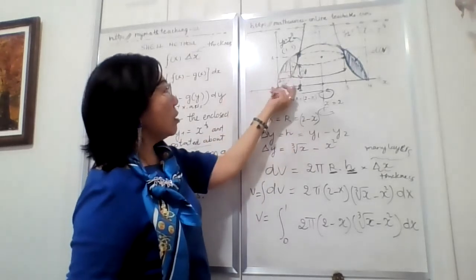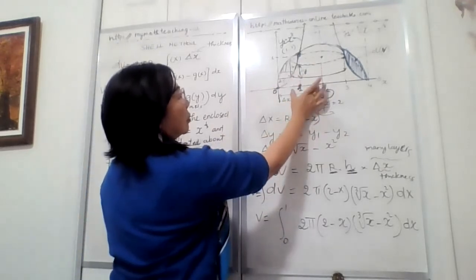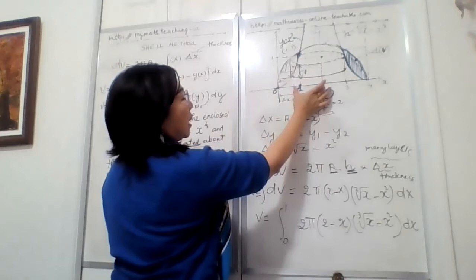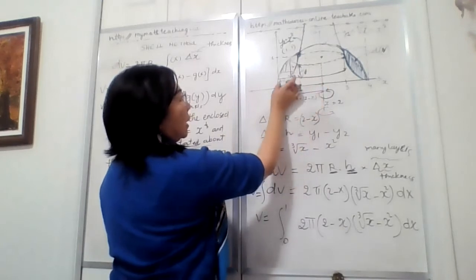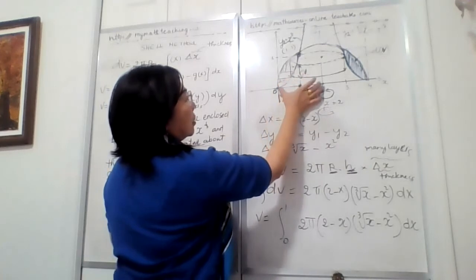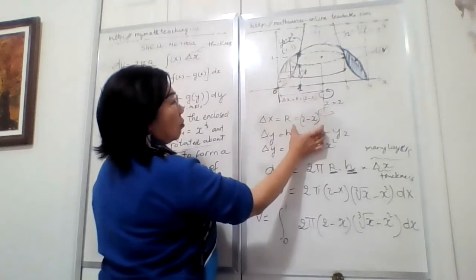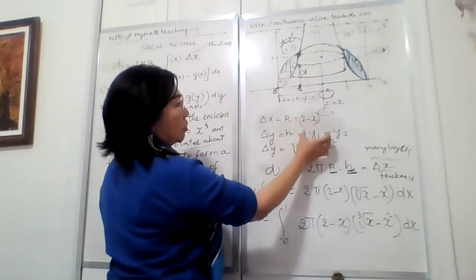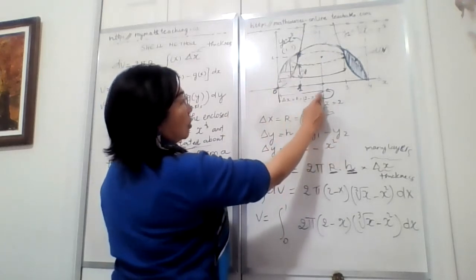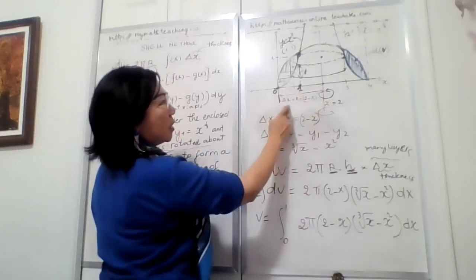So the R here, the radius of our cylinder, is changing by R2 minus R1, and as this X is changing, the R of this cylinder is also changing. So all we do is substitute by the function, right? And our R is 2 minus X in this case.